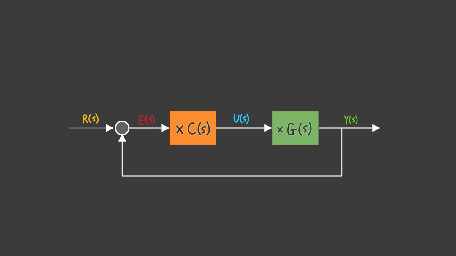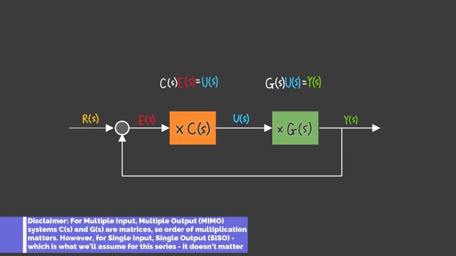I mean, our controller is now a function of s that relates the input error, E of s, to the output U of s through the relation C of s times E of s equals U of s. Likewise, our plant converts the input U of s into the output Y of s through this relation.